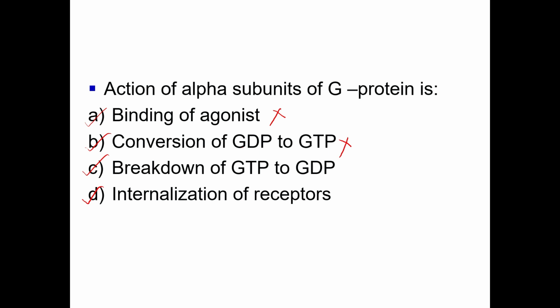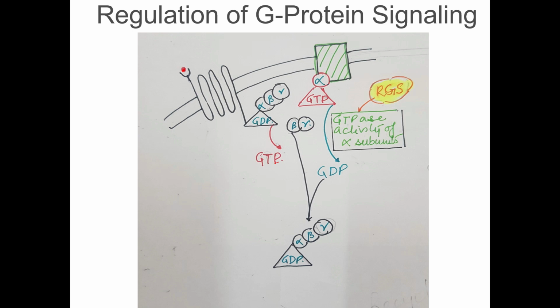Coming to the third one, breakdown of GTP to GDP. Once it gets activated, it gets dissociated from beta and gamma, and this whole thing, alpha with the GTP, binds with this. So it is going to activate this effector. Once this is activated, then what will happen to this alpha GTP?